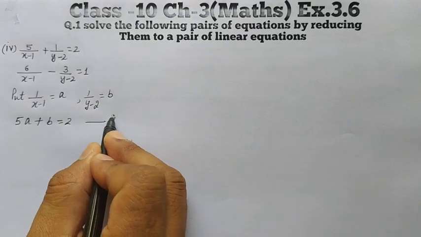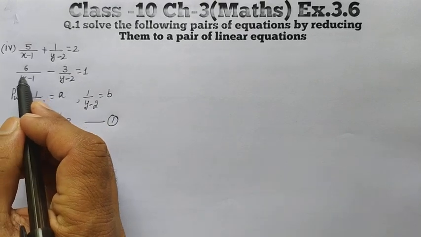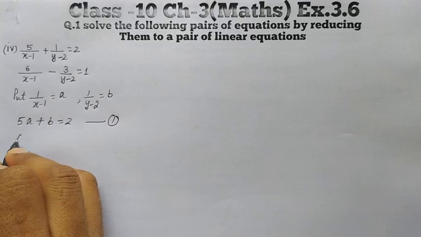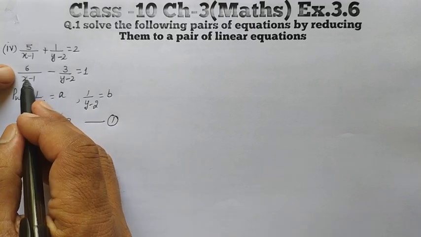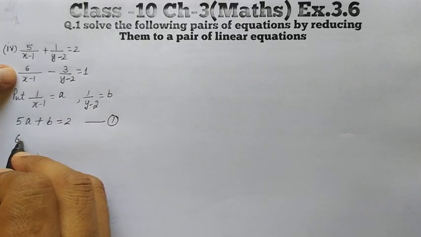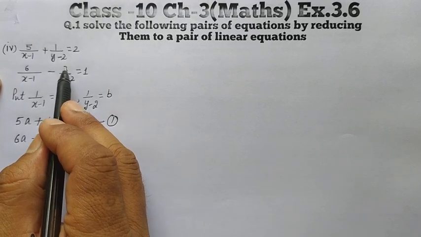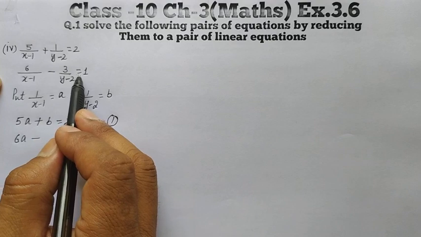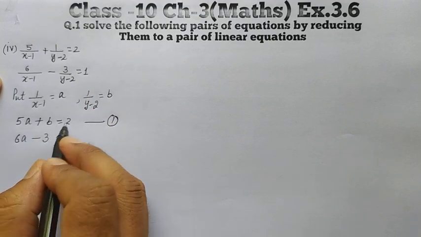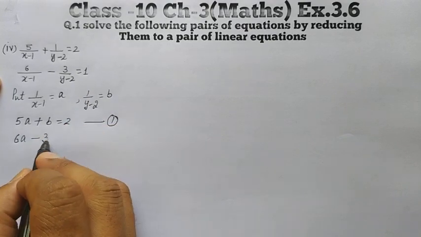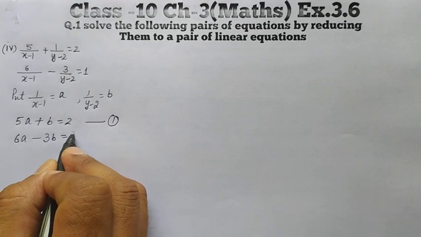This is our first equation. And the second is 6 over x minus 1, so 6 into 1 over x minus 1, that is a, so it becomes 6a, minus 3 over y minus 2, means 3 into 1 over y minus 2, which is 3b, is equal to 1.